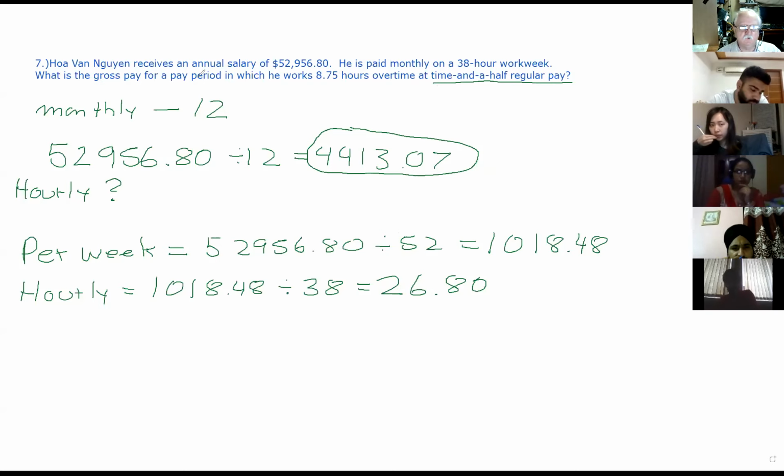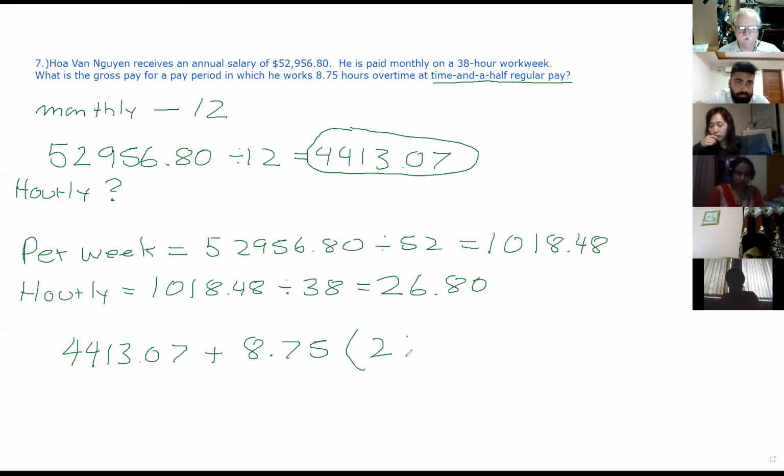So a pay period is a month. So we know his monthly pay, 4413.07 plus 8.75 times 2680 times 1.5.